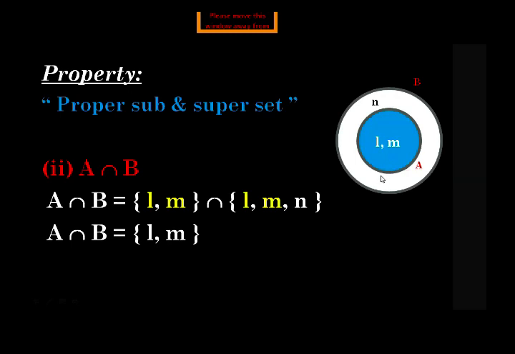So this is the Venn diagram of A intersection B. Now come to the key. The key is the same. We draw a small rectangle box and shade the common part. Now this is our question number A.